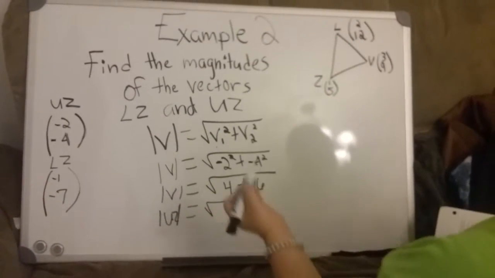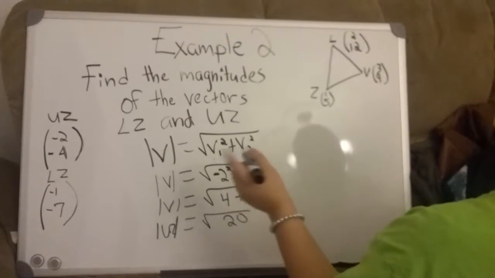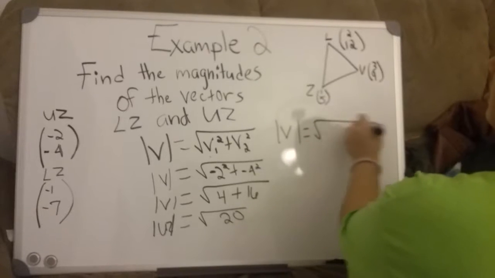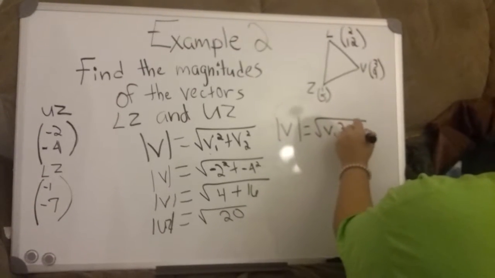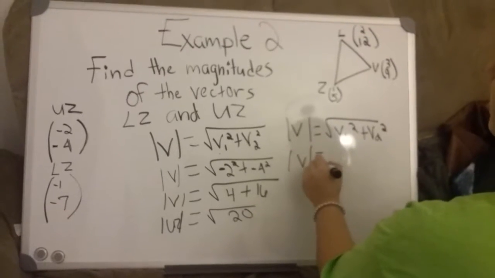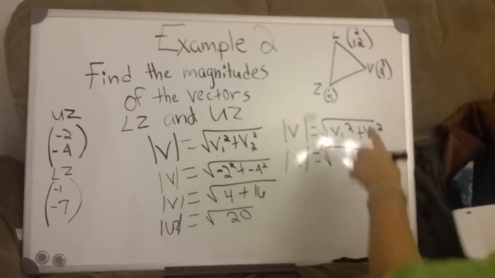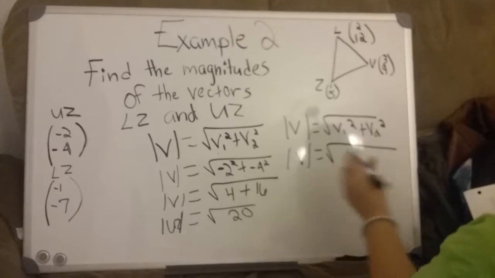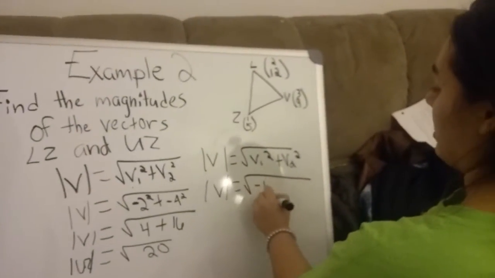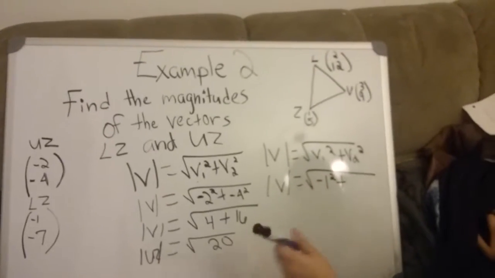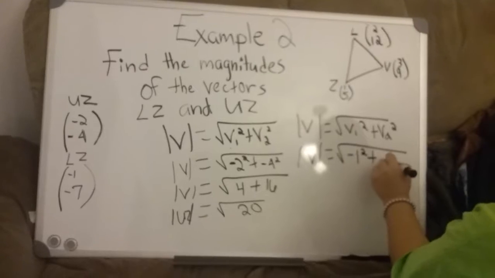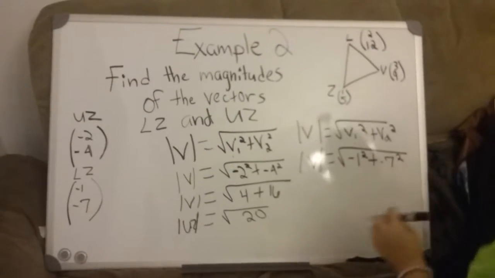Now for the magnitude of vector LZ, we're going to use the same equation. For v1, we put in -1, so -1 squared, and for v2, we put in -7, so -7 squared.